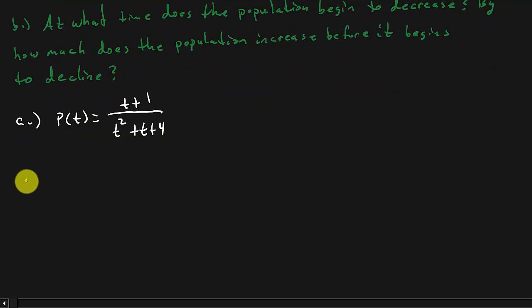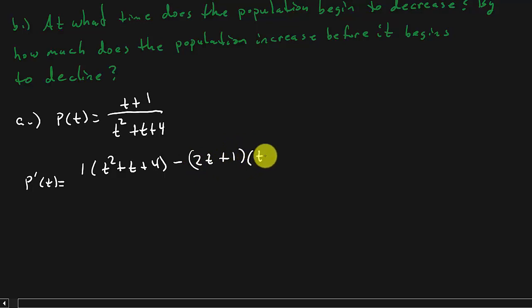So let's find the derivative first. So that's P prime of t is equal to, this is quotient rule, so it's the derivative of the numerator, which is 1, times the denominator, minus the derivative of the denominator, which is 2t plus 1, times the numerator, all over the denominator squared.